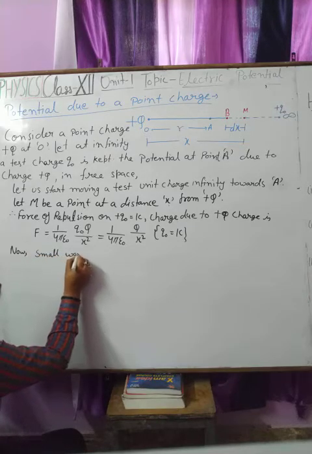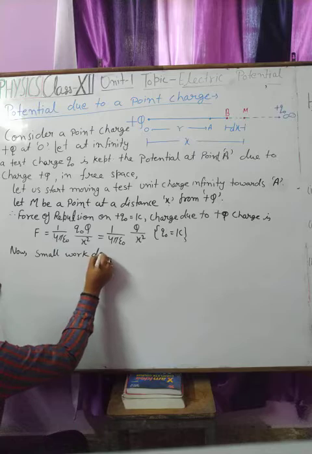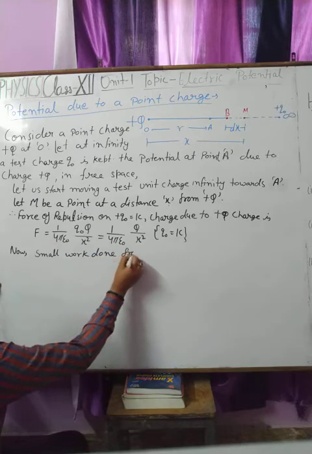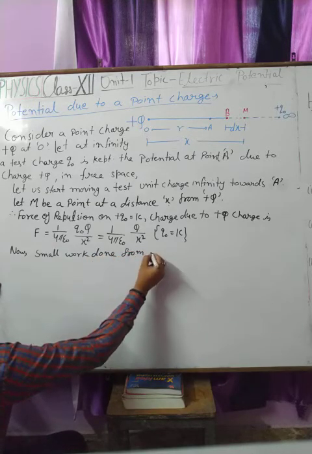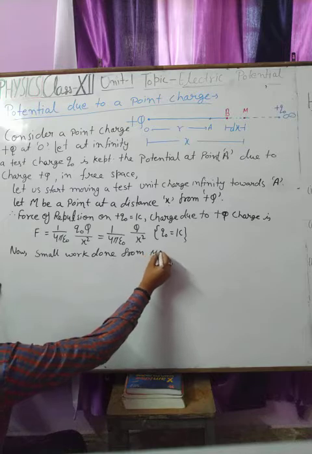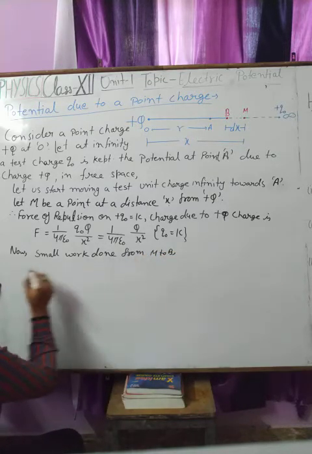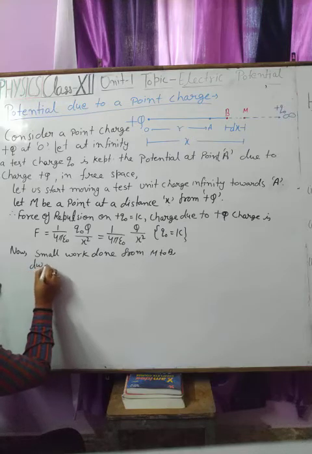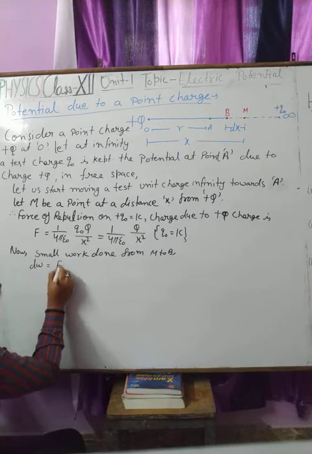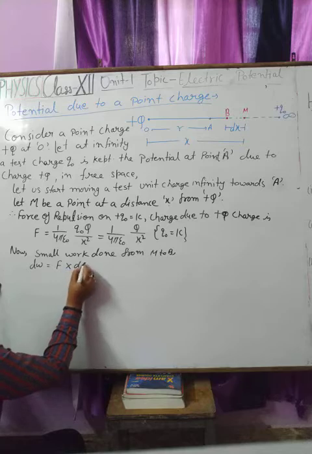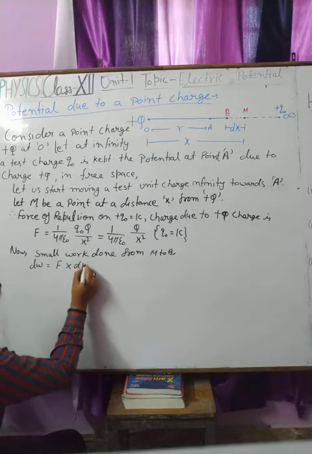Small work done from M to B is dW equal to F into dx.